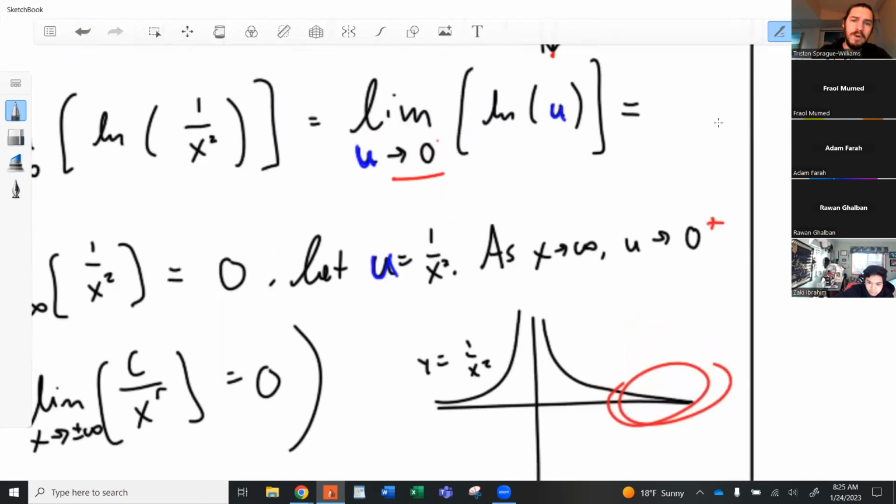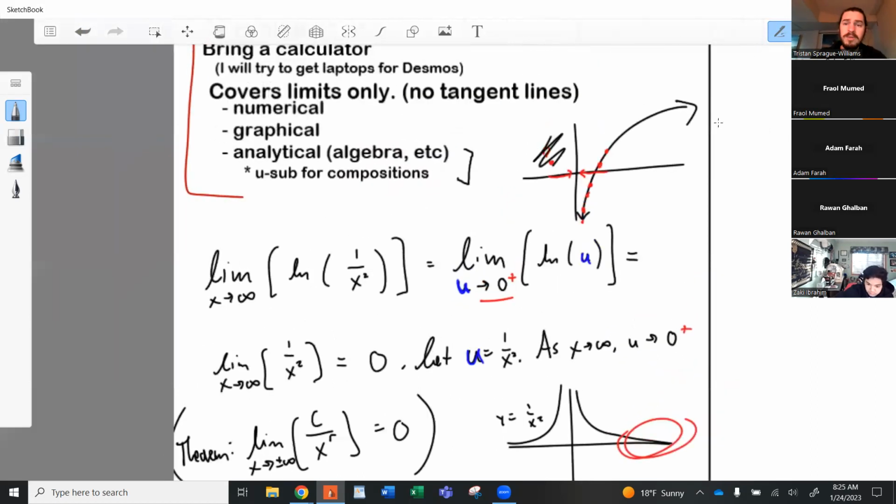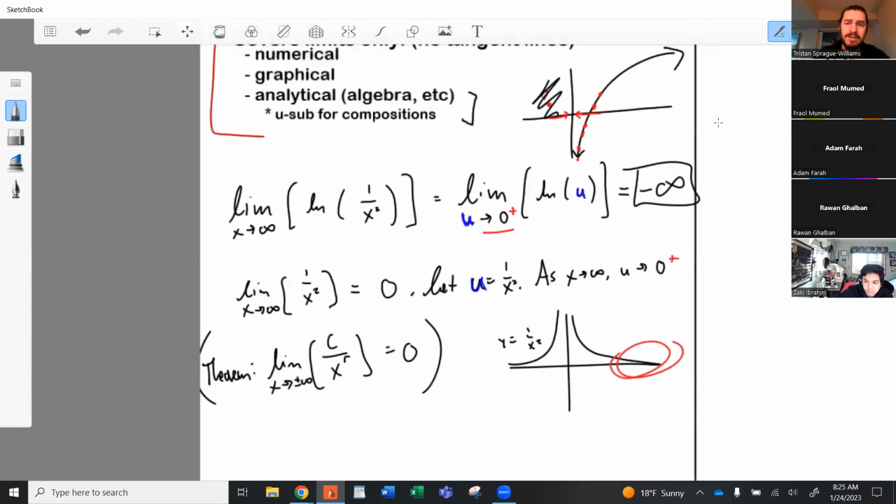So I could be more specific about this limit and say this is u approaching 0 from the right. And then I don't need to worry about what's going on over here. I only need to worry about from the right side. And so this is very clearly negative infinity, without any ambiguity about whether it's a one-sided or a two-sided limit. It's actually a one-sided limit. But you'd have to recognize the fact that these outputs are all positive to recognize that this is only approaching from one side, not the other side.